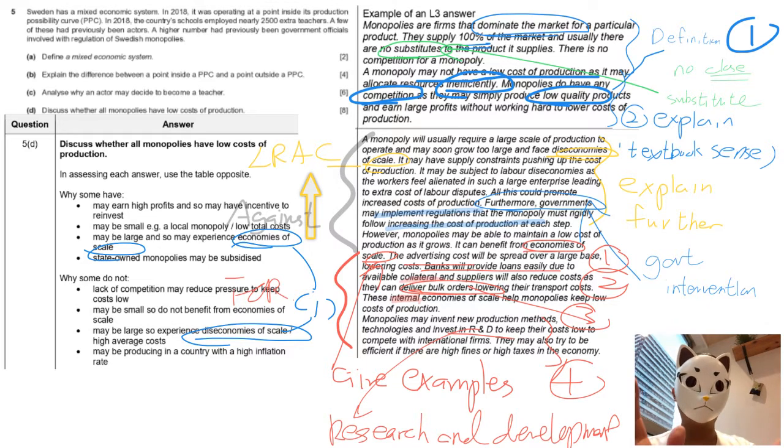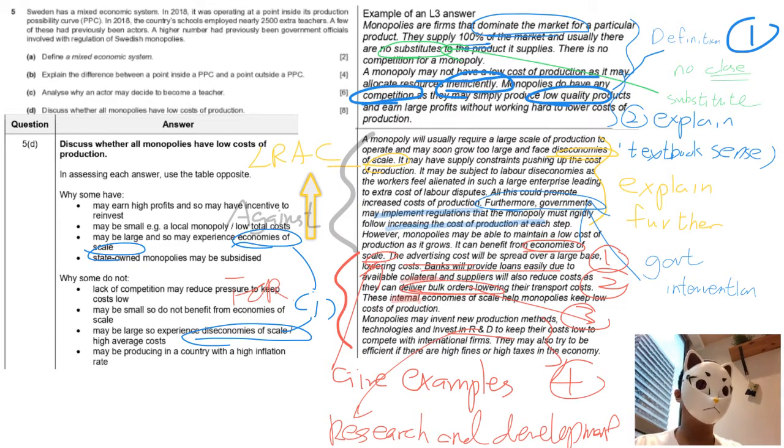For high ability achievers, they might discuss it from other perspectives or angles. Say for example, it's about the government, whether the government is involved.